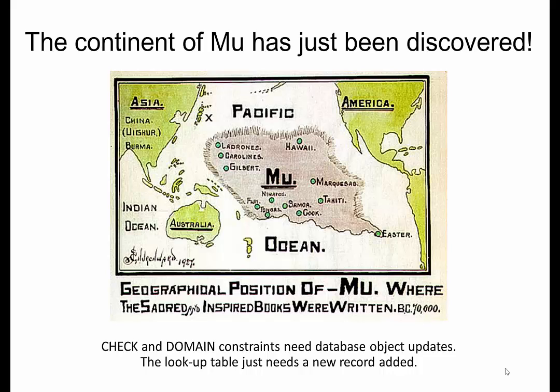Okay. Now, if we implemented check and domain constraints, the first 2 types of constraints, then we would need to update the whole database object to include a new consonant. So we'd have to update our table definition with the first example, with the check constraint in it, or we'd have to rebuild our domain object if we used a domain object.